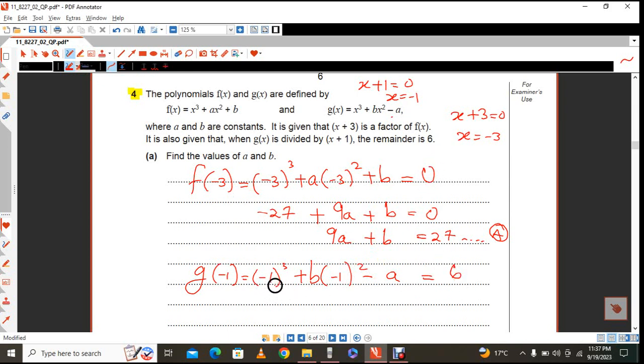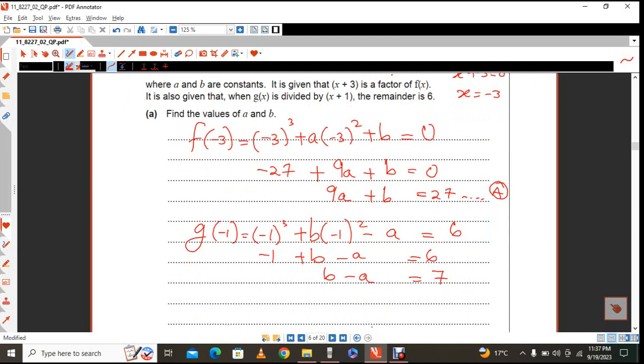So this is -1 plus b minus a equals to 6. So at the end of the day, this is b minus a equals to 7. Of course, I will just maybe use a different method here. I will say b equals to a plus 7, and that would be my second equation.